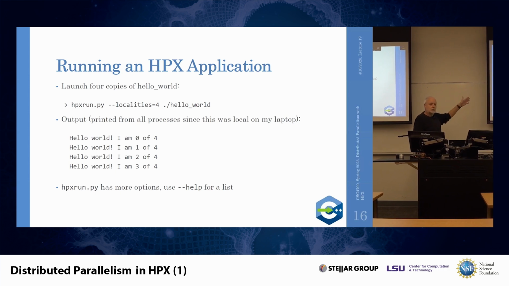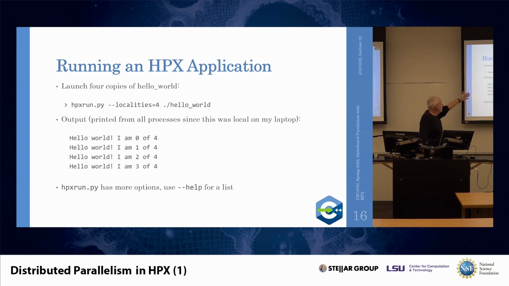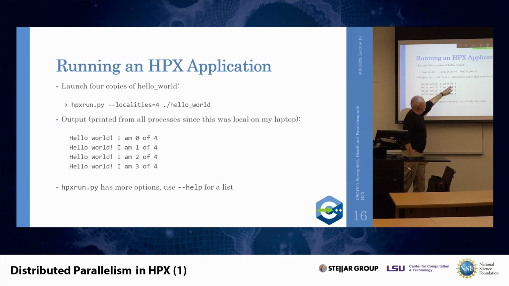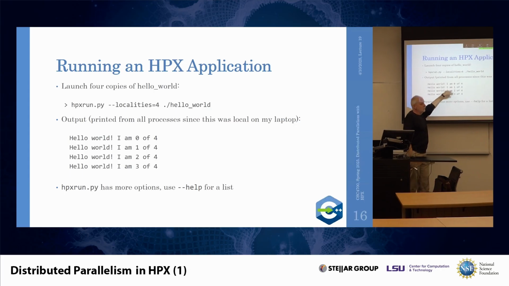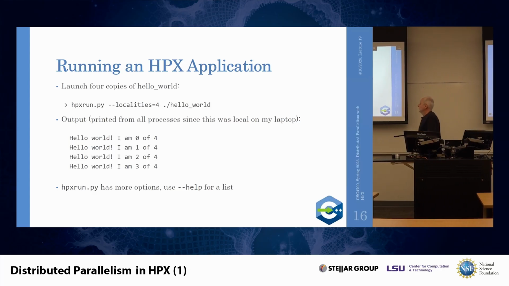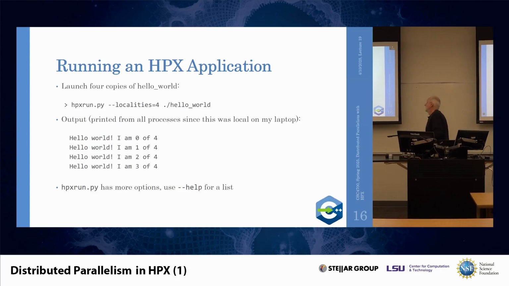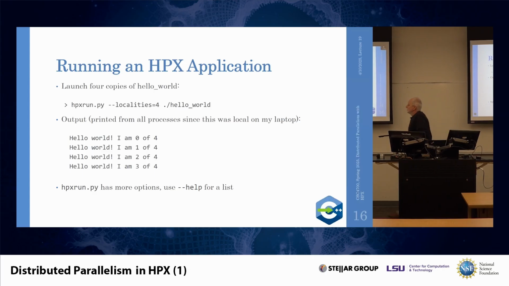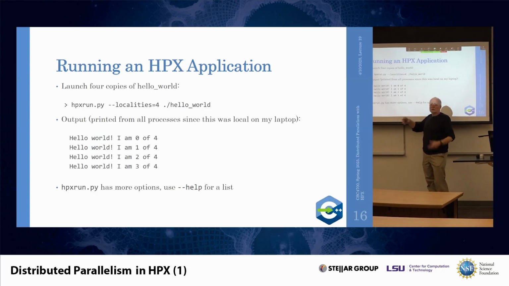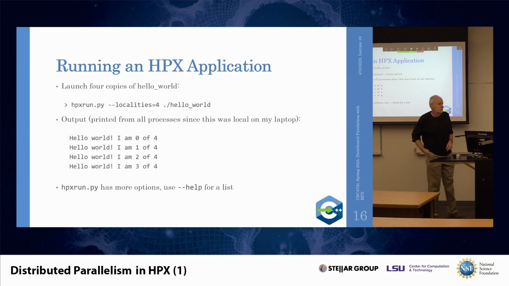So this has launched 4 processes. In this case, the processes were launched locally on the same node, so you can do that as well. But you see the processes are aware of each other, right? Otherwise they wouldn't know that there are overall 4 and they wouldn't get the appropriate locality ID, a unique sequence number. By the way, it's pure coincidence that the number is just increasing here. It could come in any sequence, obviously.